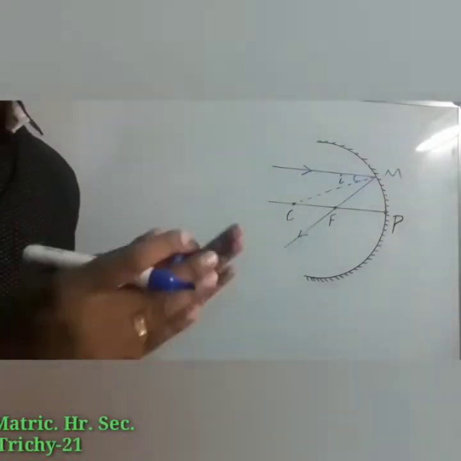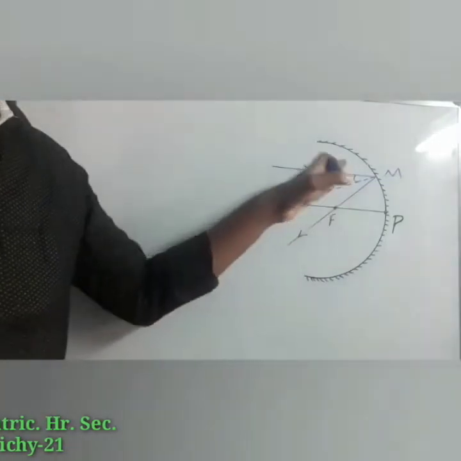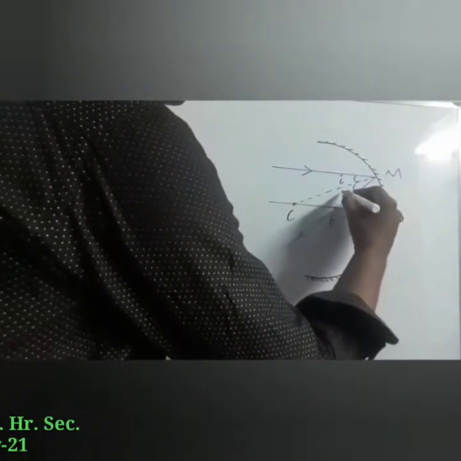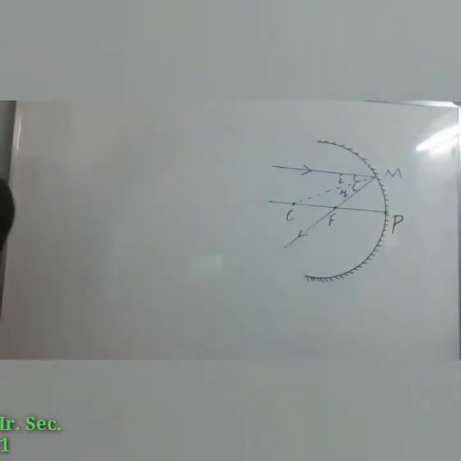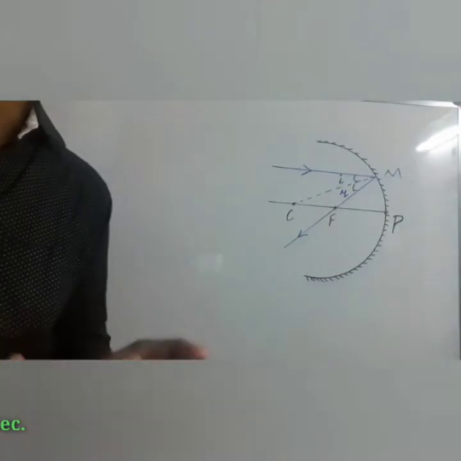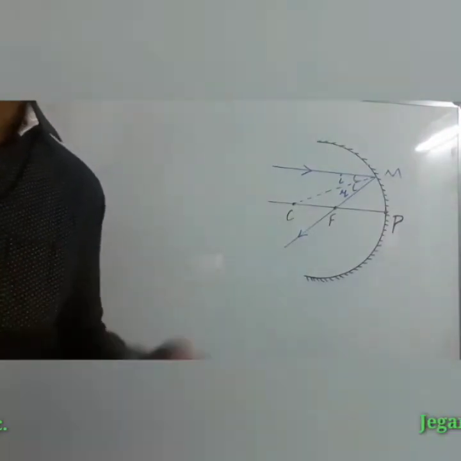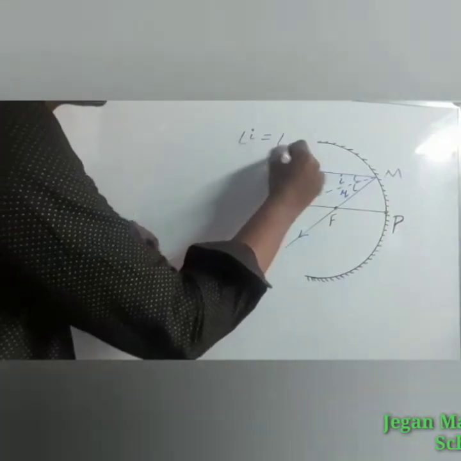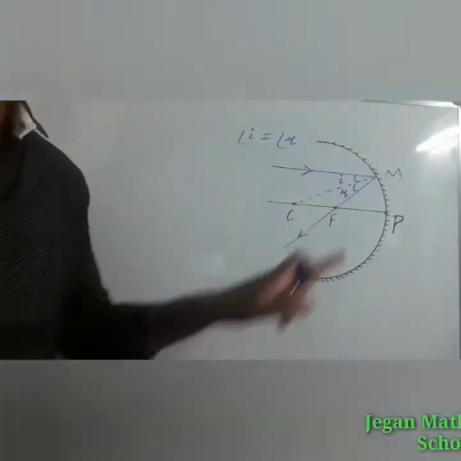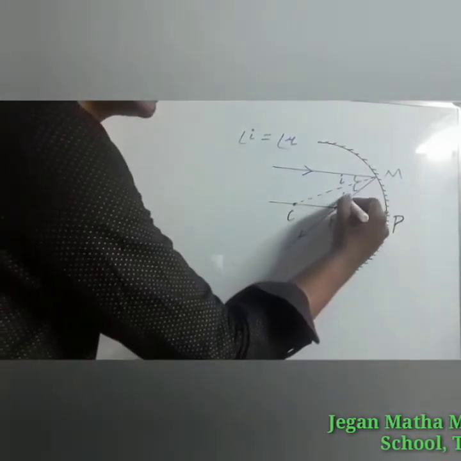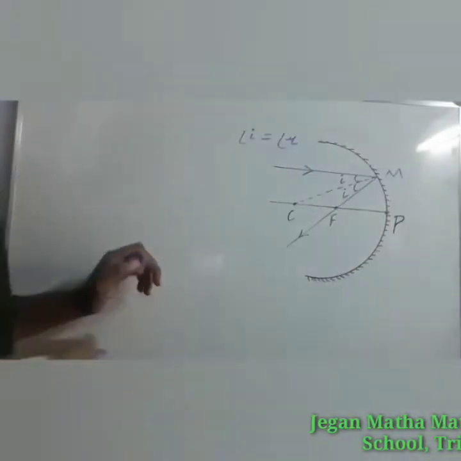The angle between the reflected ray and the normal is known as the angle of reflection. By applying the laws of reflection, angle of incidence is equal to angle of reflection. So here instead of R we can write I itself, because both angles are equal.